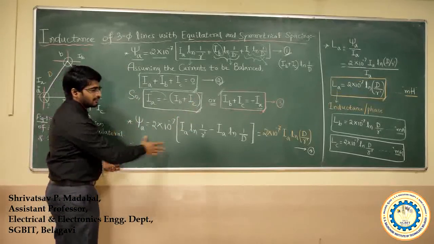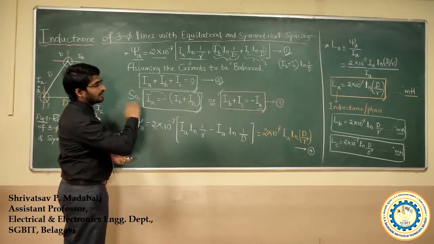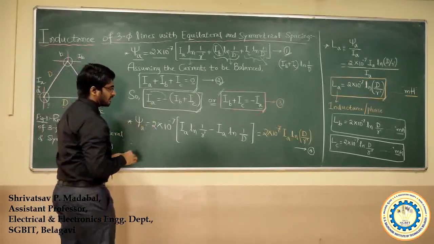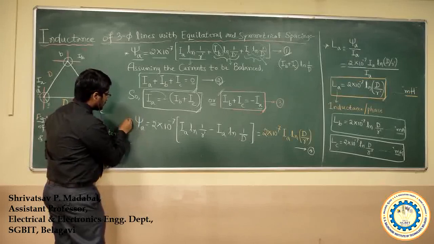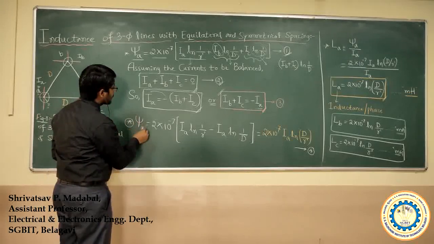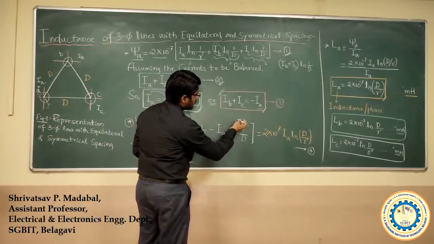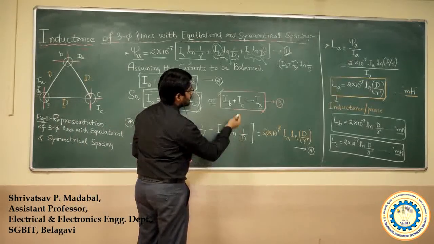So that the first equation becomes completely dependent on the conductor A current as well as flux linking. In the next equation, for psi A, I substitute the value of IB plus IC in equation 1.